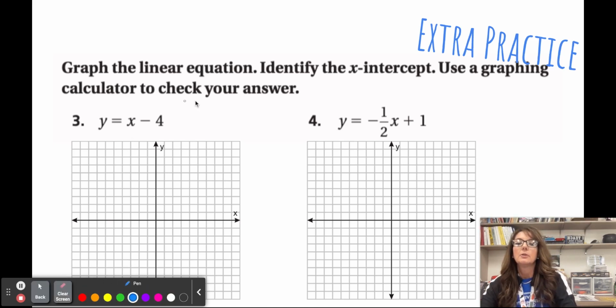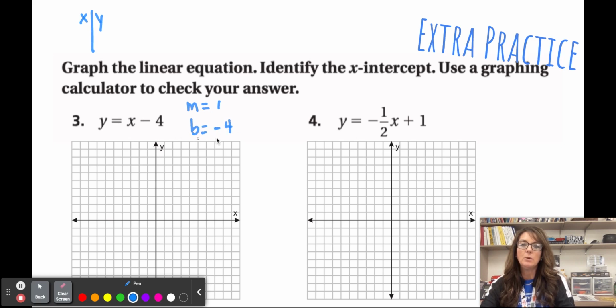But in the first lesson, we made an XY table, right? We kind of used this as a rule, and we picked a couple points, substituting in for x to solve for y. We could also graph using our slope, and in this case, the slope is 1, right? And our y-intercept, which is -4.